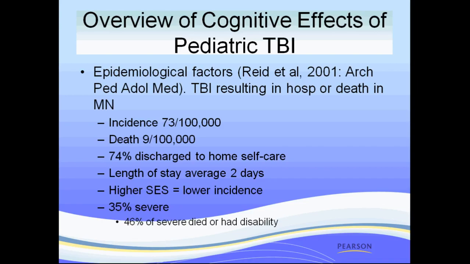This is where the person would end up being hospitalized or there was some kind of severe injury. Of those, 9 in 100,000 resulted in death. Most were discharged, and the average length of stay was 2 days. So these are probably moderate injuries. They're in the hospital for a few days.